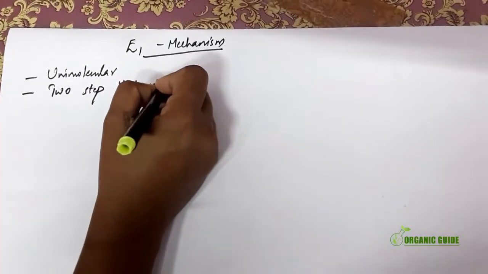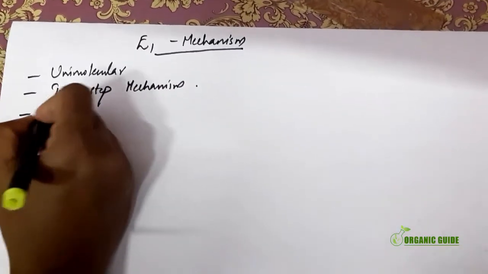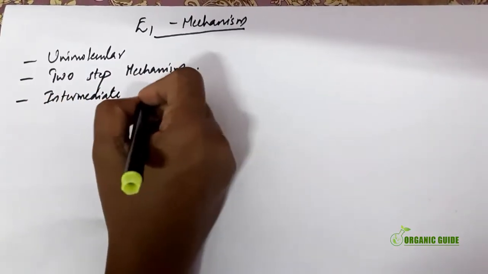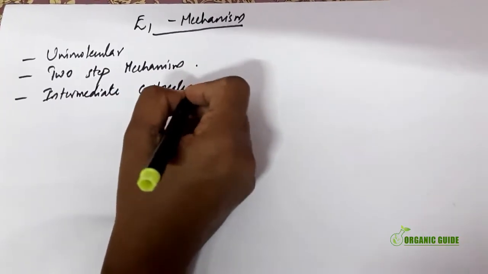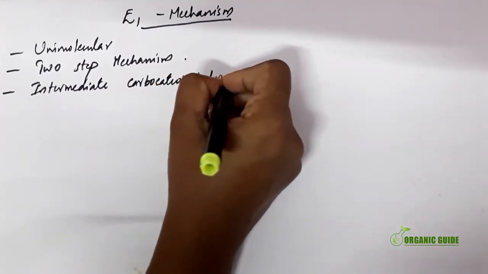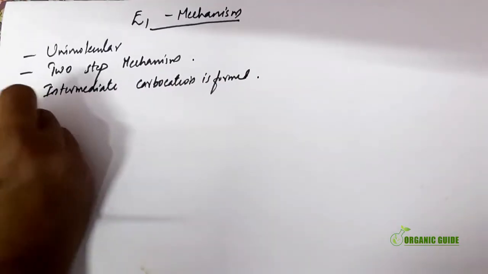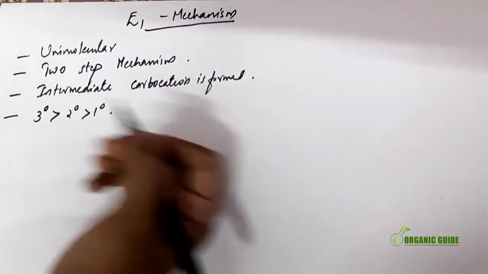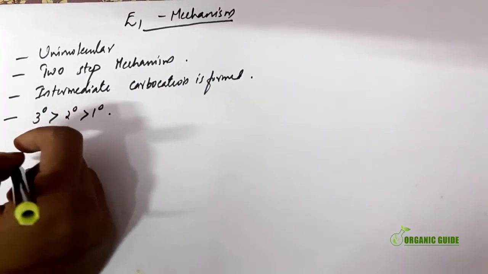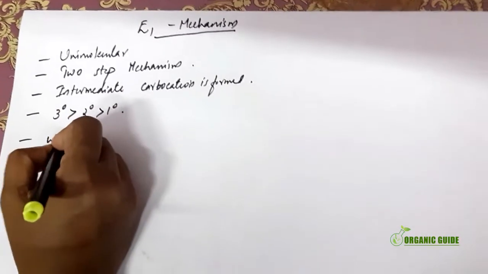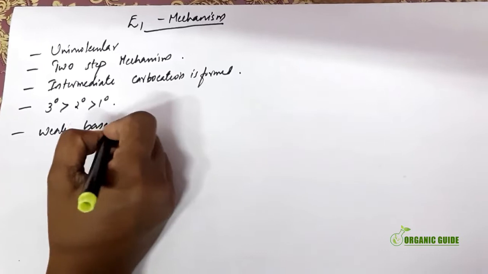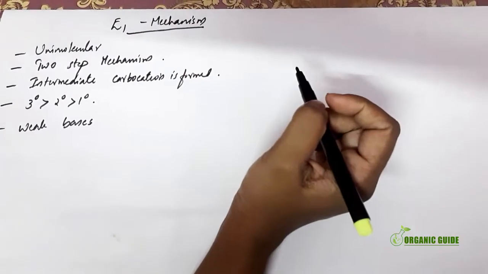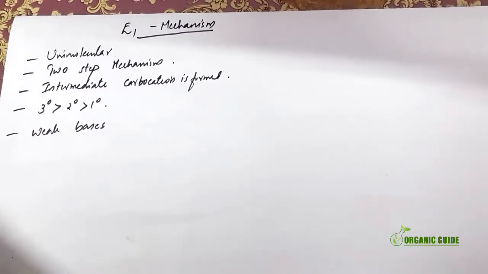An intermediate carbocation is formed, and the order of reactivity is greater for tertiary than secondary than primary, and weak bases favor the E1 mechanism. So the mechanism is similar to that of the SN1 mechanism. Now we will move on to its mechanism.